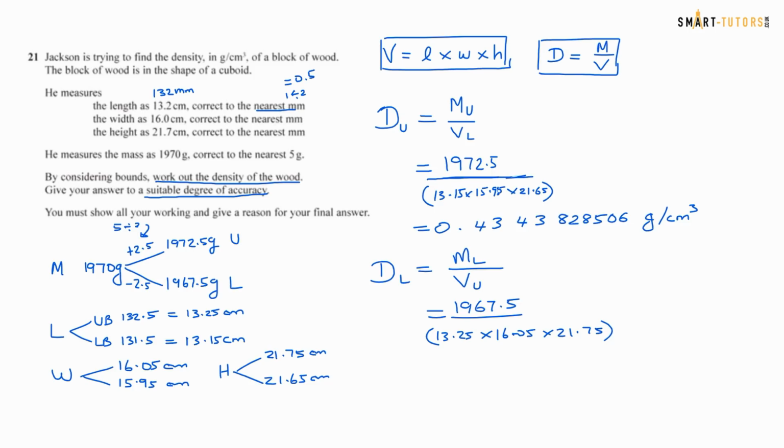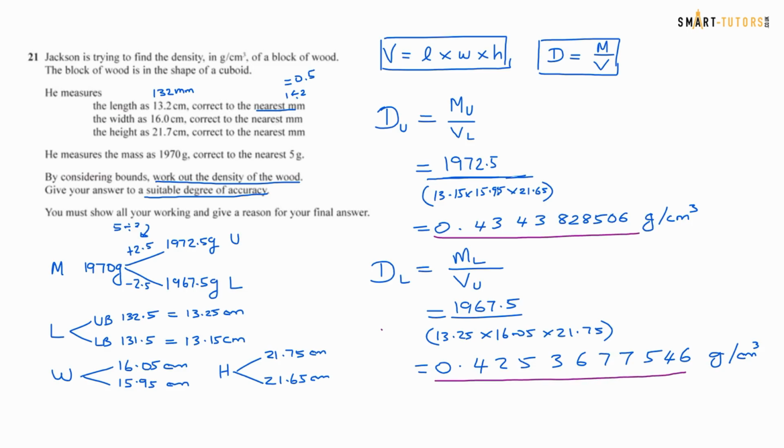Let me quickly do this work as well, so then we can finalize the answer. 1967.5 over 13.25 times 16.05 times 21.75. So the answer is 0.42536775546 grams per centimeter cubed.